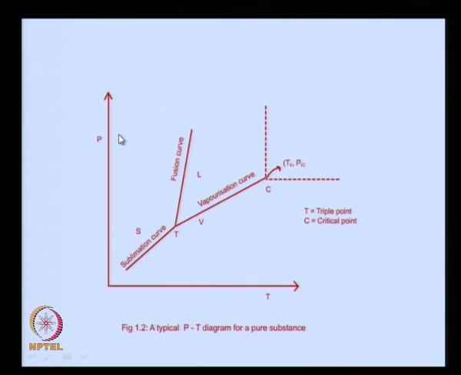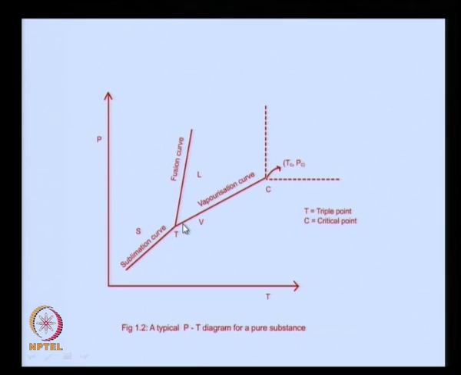We had initially seen the PT diagram, the pressure versus temperature diagram for a pure substance, to set the base for the kind of systems that we will be interested in. We said that in this region, and the region essentially means the combinations of temperature and pressure, T comma P, each point here, the combinations of temperature and pressure in which the solid would exist, in which the liquid would exist here, and here the vapor exists.